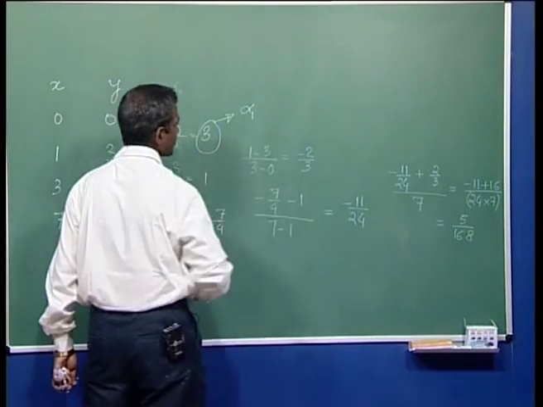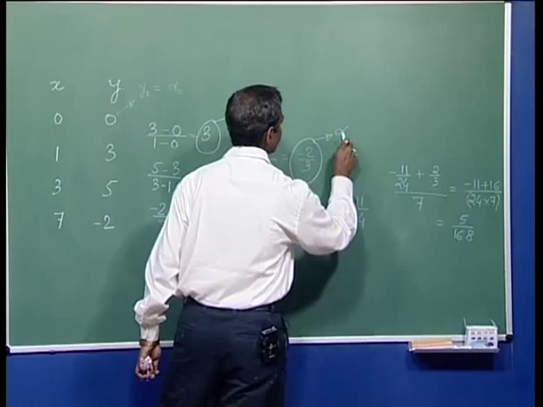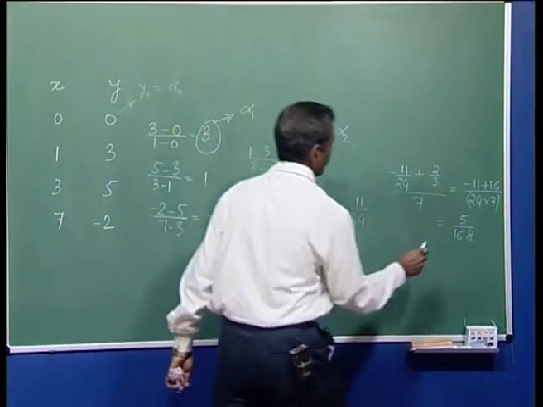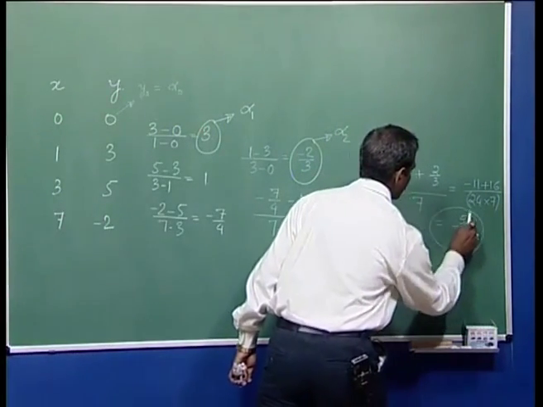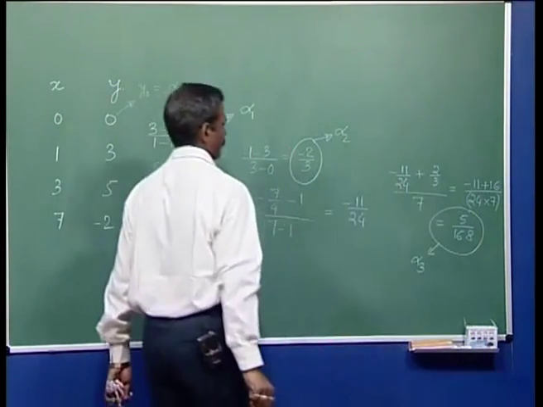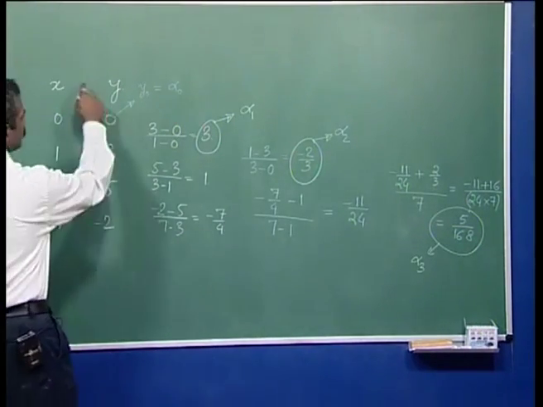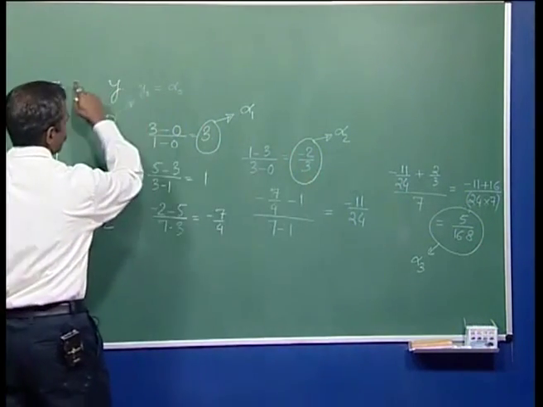This one is alpha 1, this one is alpha 2, and this one here is alpha 3. These unknowns appear on the top edge of the triangle.